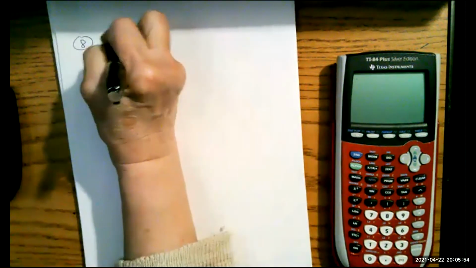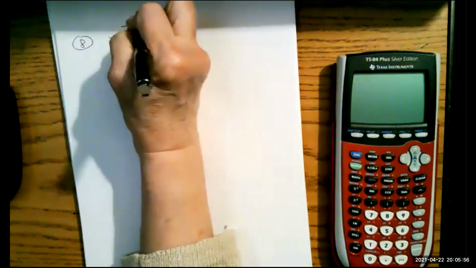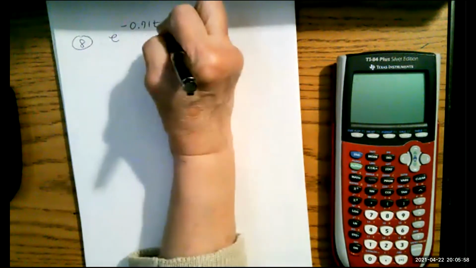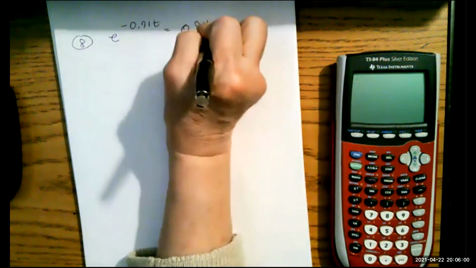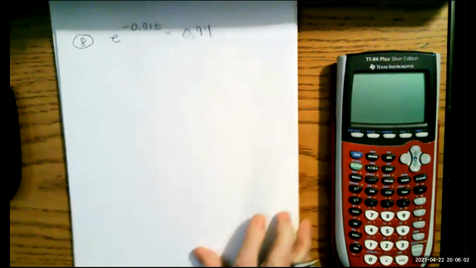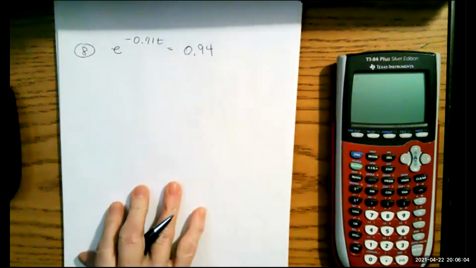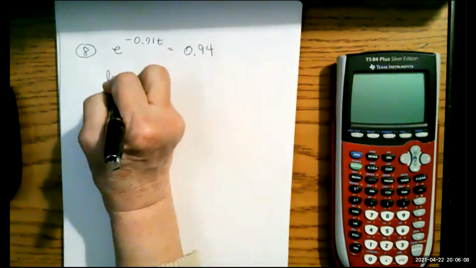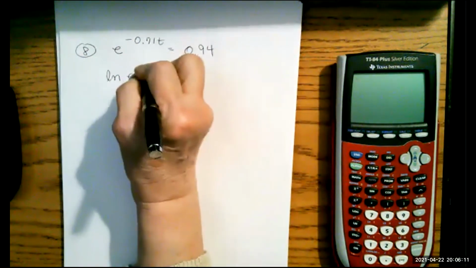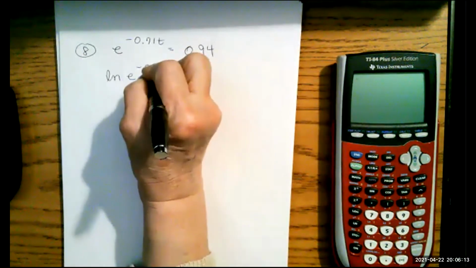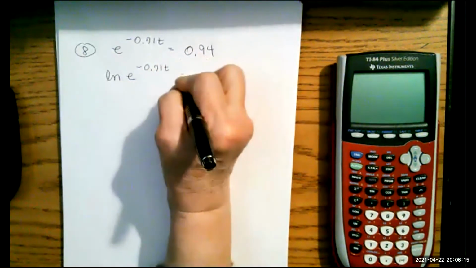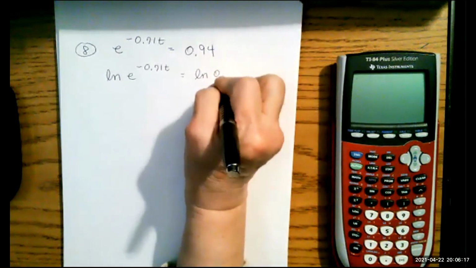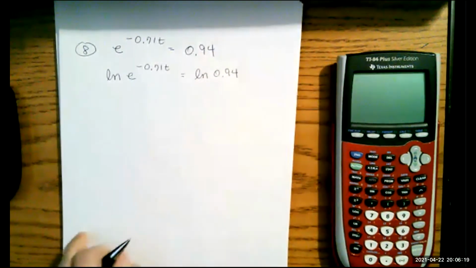Number 8 is e to the negative 0.71 t equals 0.94. And of course, I'm going to have to log both sides, but because it's e, I'm going to do the ln. ln e to the negative 0.71 t equals ln 0.94.